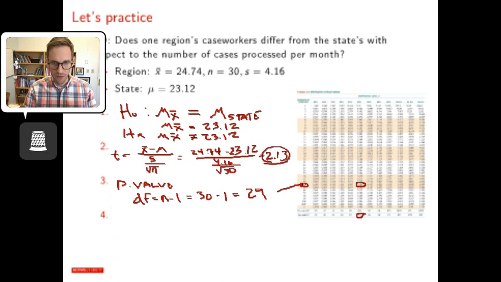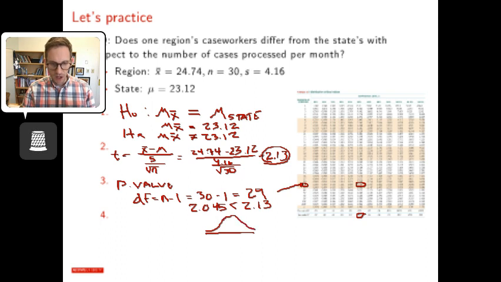2.045. Okay? So now, knowing my critical value, I compare these two. 2.045 is less than the t-statistic I calculated, 2.13. So if I have my t-distribution, remember it looks kind of like a normal distribution, and here's my mean of 0.